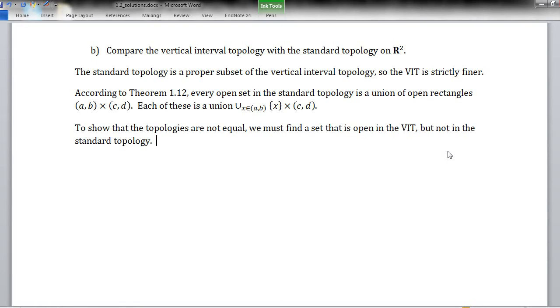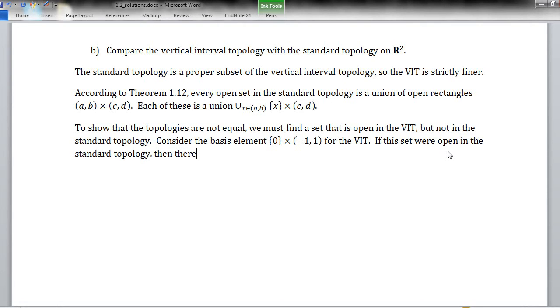Well, just about any one will work, but how about the basis element 0 times the interval from -1 to 1? That's a basis element for the vertical interval topology. It's a vertical interval.